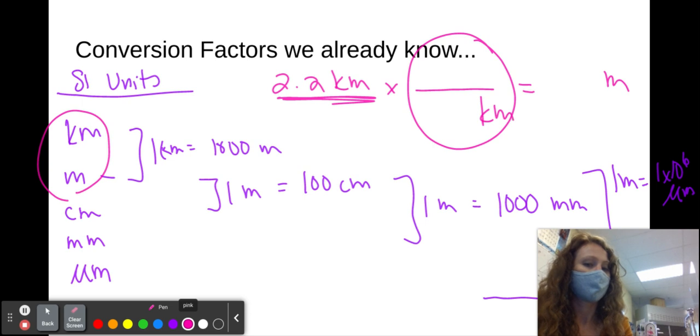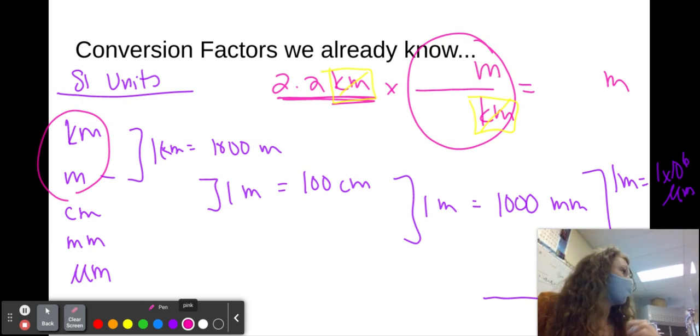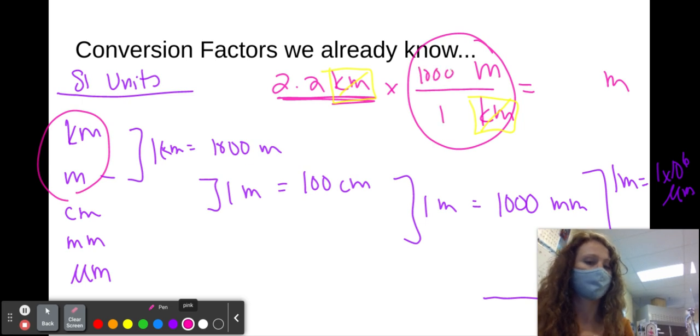I'm going to put kilometers on bottom because whatever unit is on top automatically goes on the bottom so that they reduce out, right? And then meters goes on the top. And then I can think through my numbers. 1 kilometer, 1,000 meters.